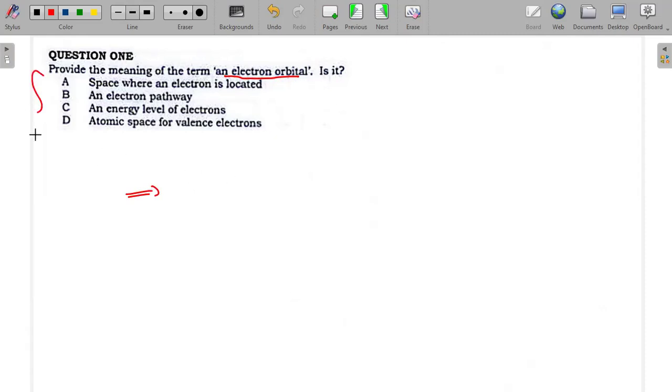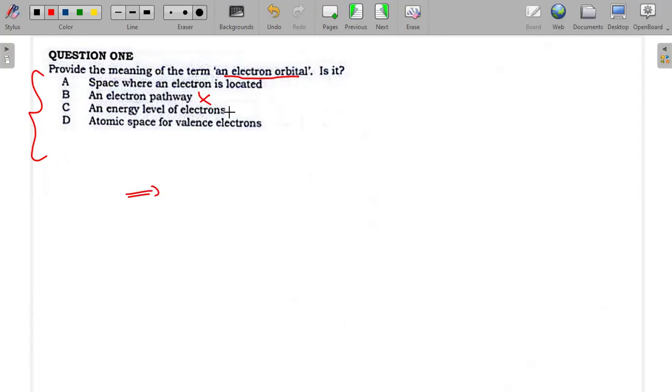So on the given options, we're going to select the answer that best sounds like what I've just said. A says a space where an electron is located. B says an electron pathway, so this one is false. The orbital is not a pathway.